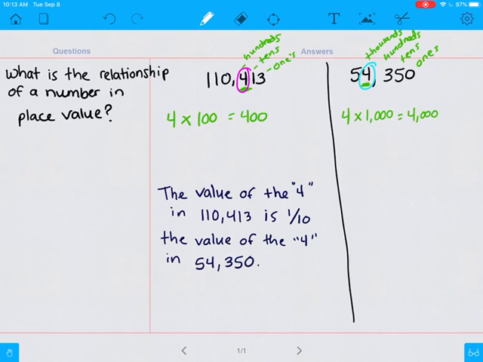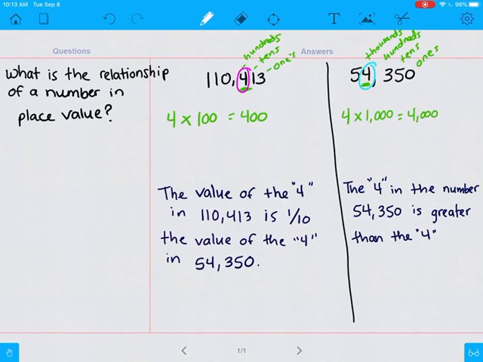You could also write a sentence like this. The 4 in the number 54,350 is greater than the 4 in the number 110,413.